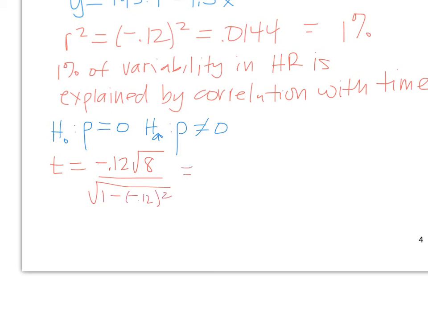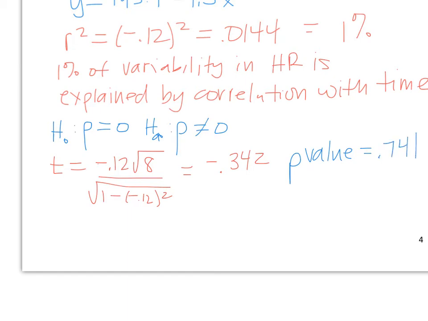And that gives us a test statistic of negative 0.342. The p-value, we look that up, is 0.741.